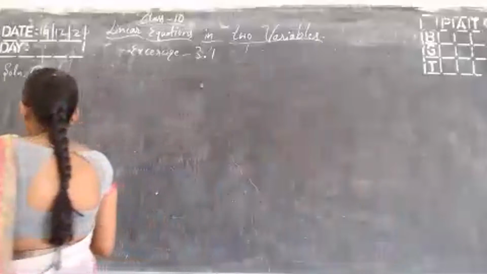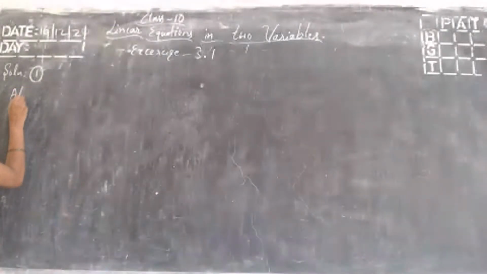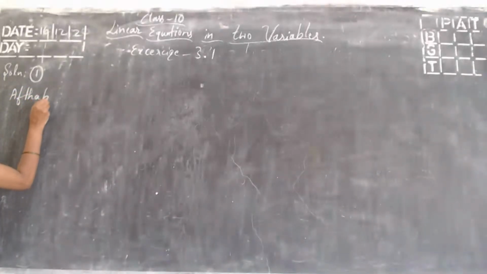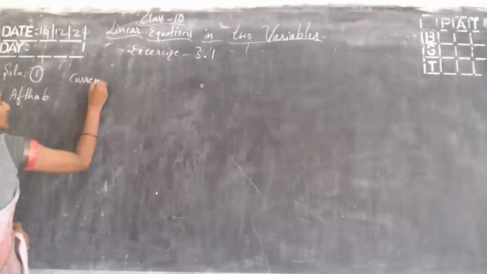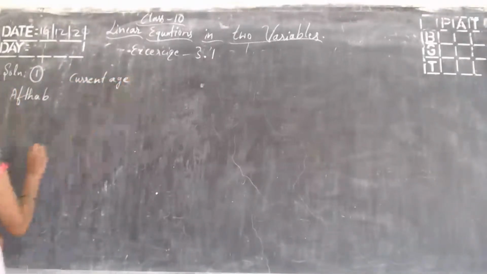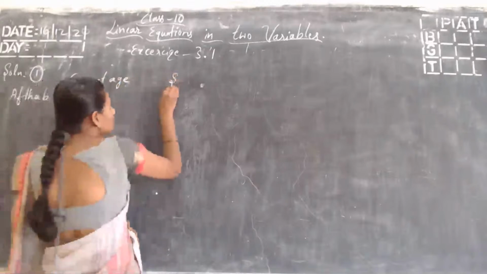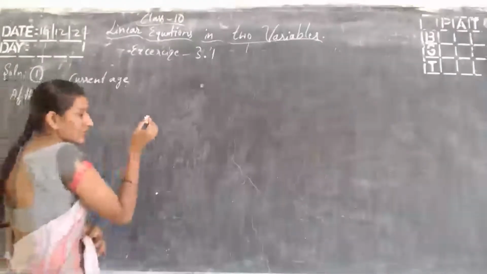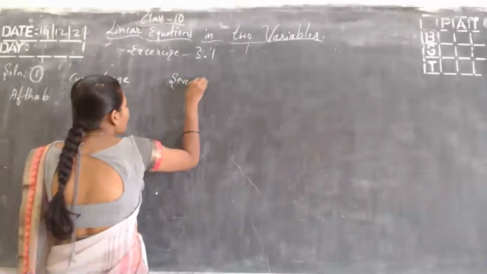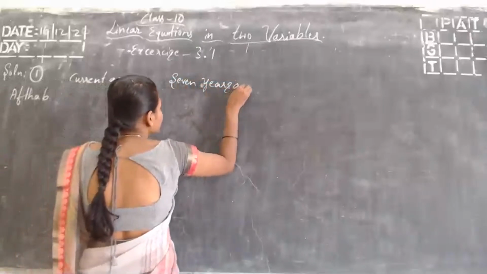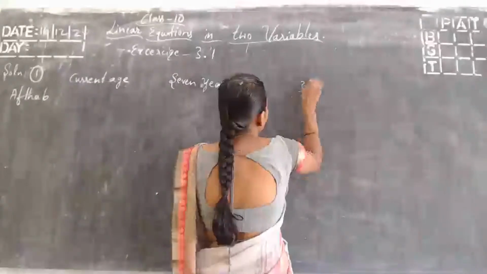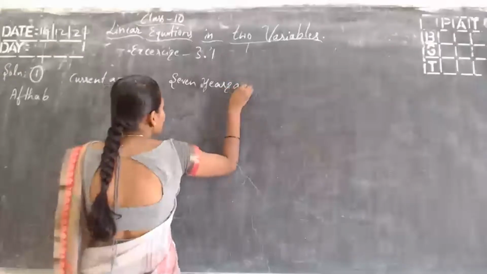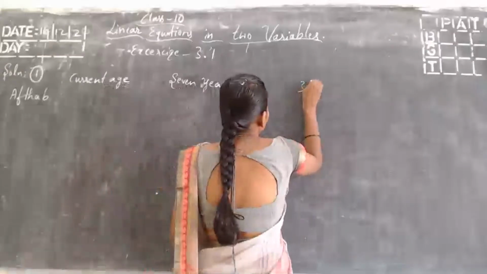See here, let us make a table: current age, 7 years ago, and 3 years from now.